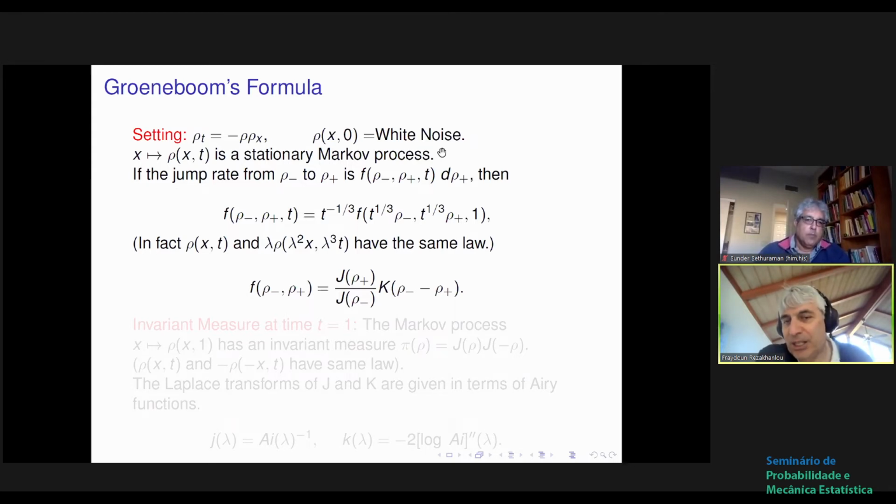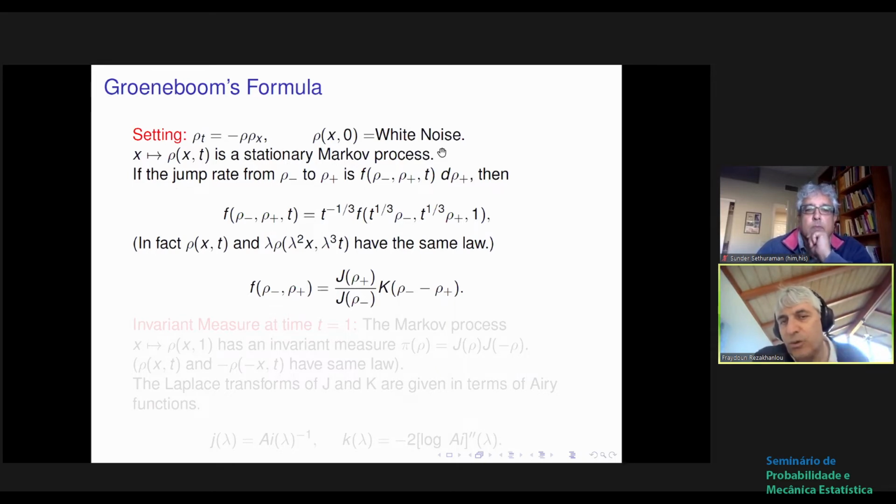The kernel can be expressed as the ratio of J(rho plus) over J(rho minus) times a kernel that now is kind of like a convolution kernel, meaning that the law of the jump, when you make a jump in the profile of Burgers' equation, would not depend only on the size of the jump, but the dependence is in such a way that you can express f as the product of two terms.